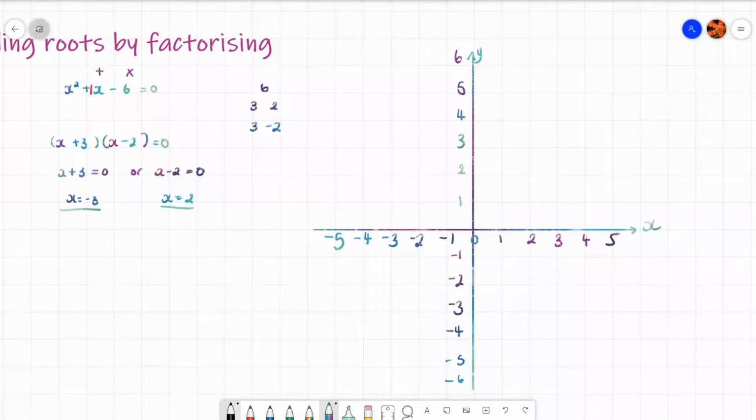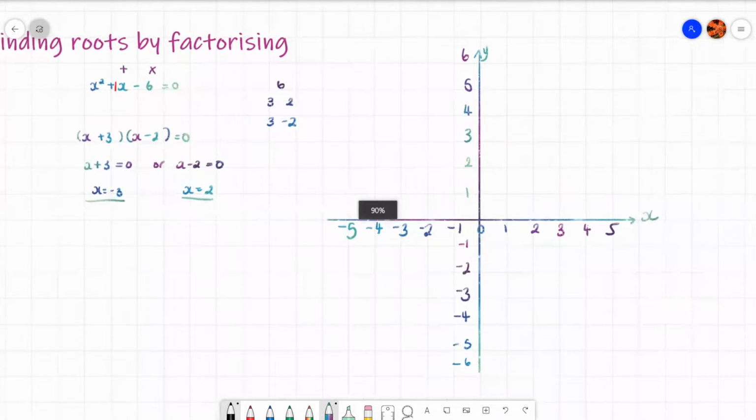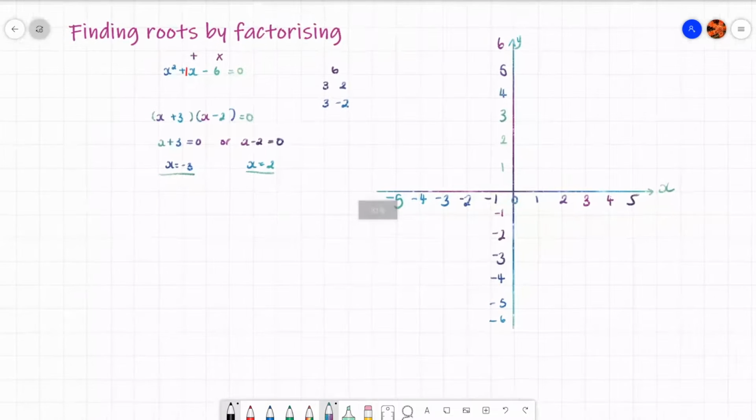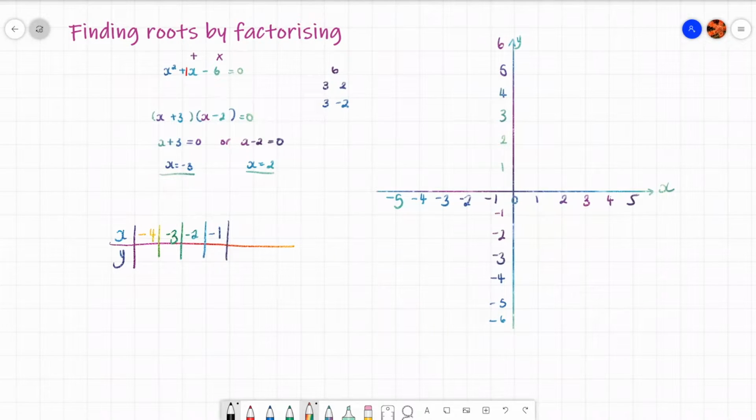Okay, x-axis. Let's draw ourselves a little grid, a table to help us. I'm going to have x and y. My x is minus 4, minus 3, minus 2, minus 1, 0, 1, 2, 3, and 4.